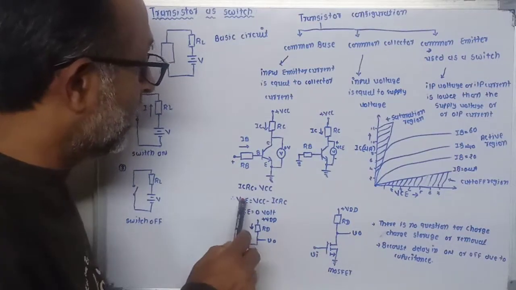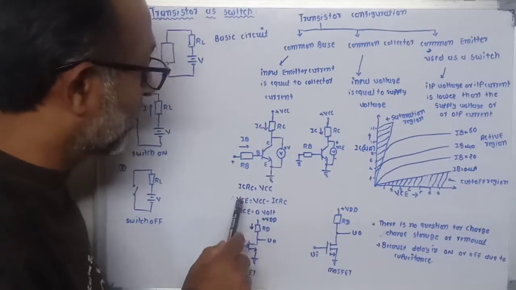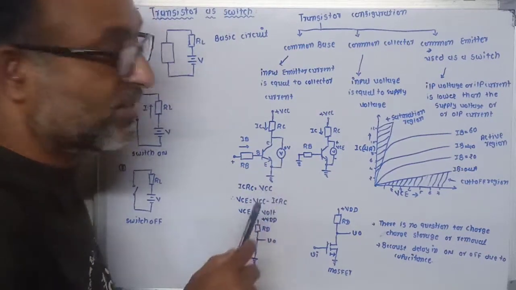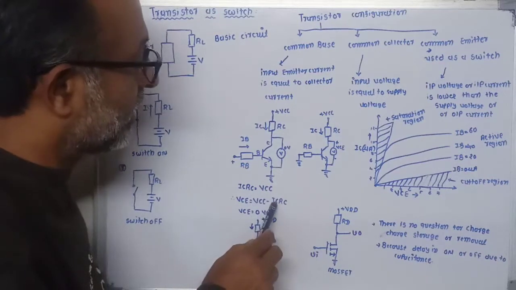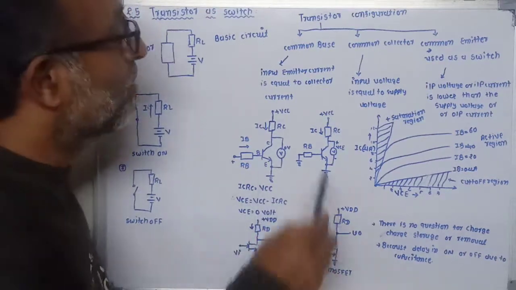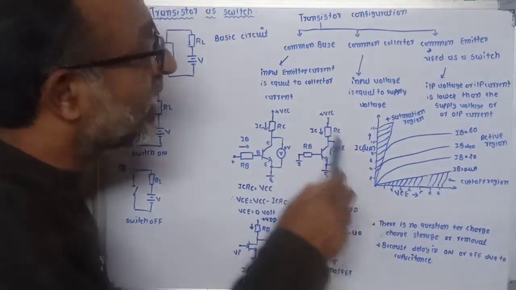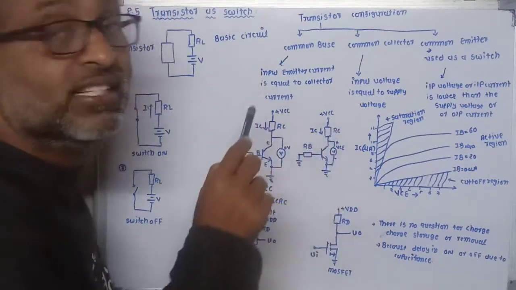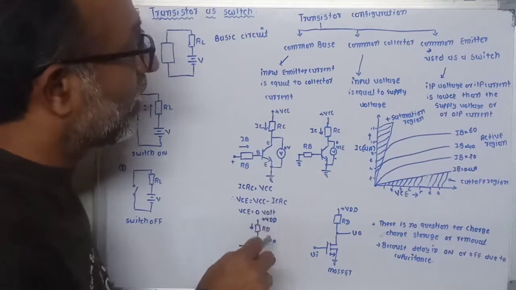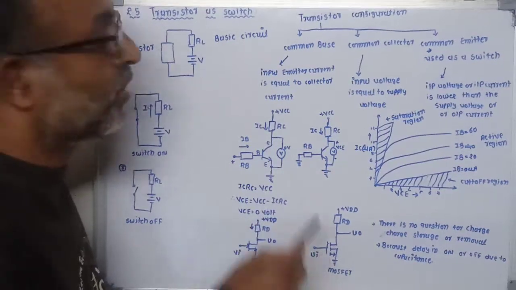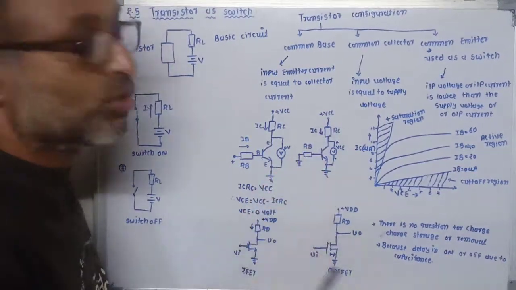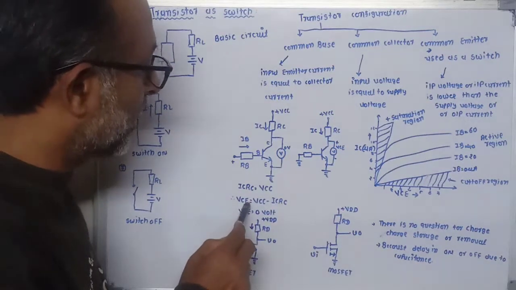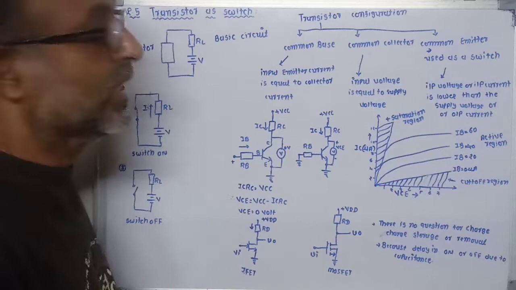So let me show the equation. VCE is equal to VCC minus ICORC. We can replace IC by ICO, because in this case the leakage current is passing through this collector resistance. Already I told you the voltage drop across this resistance is very small, so we can take it as 0. So our equation becomes VCE is equal to VCC.